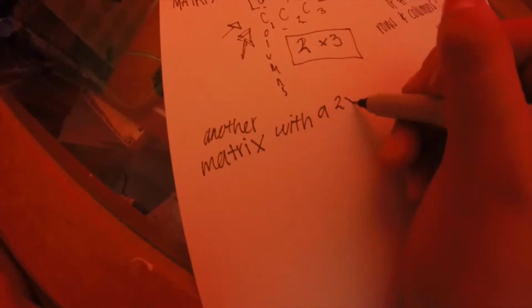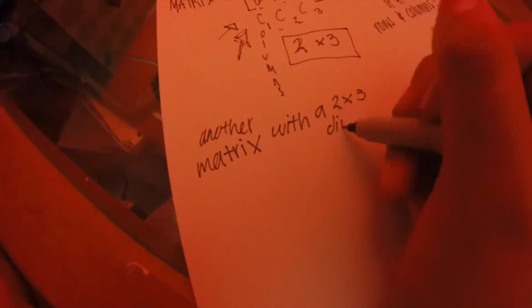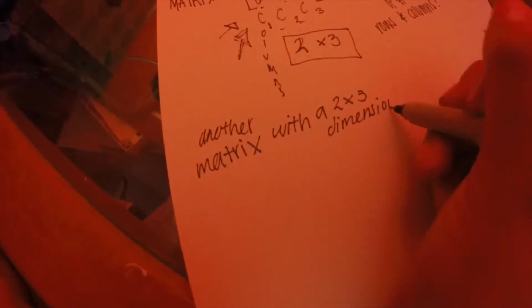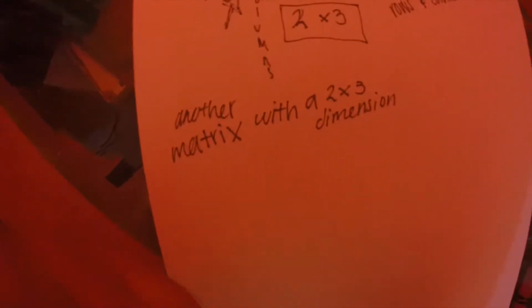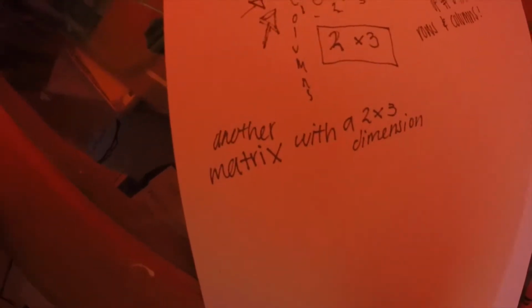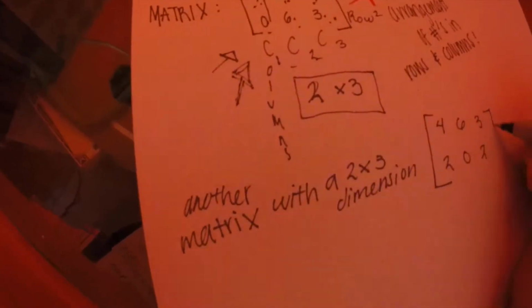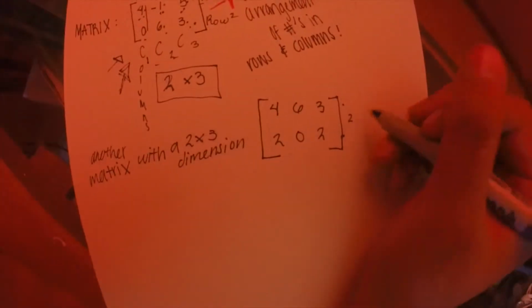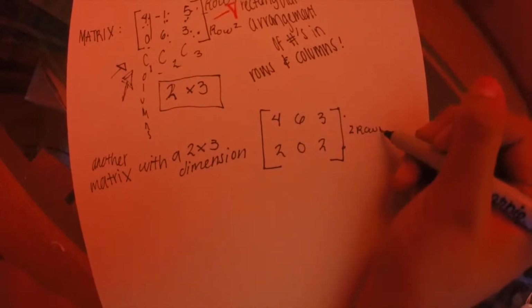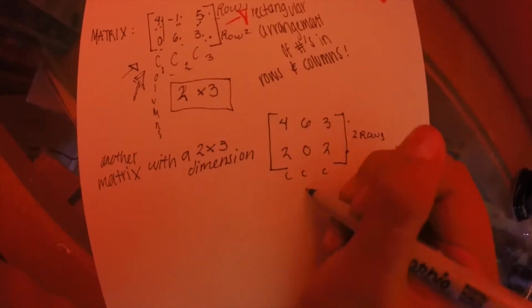Therefore, if I wanted to find its equal, then I would have to find another matrix with a 2 by 3 dimension. In this, for example, that could be, which is exactly 2 rows and 3 columns.